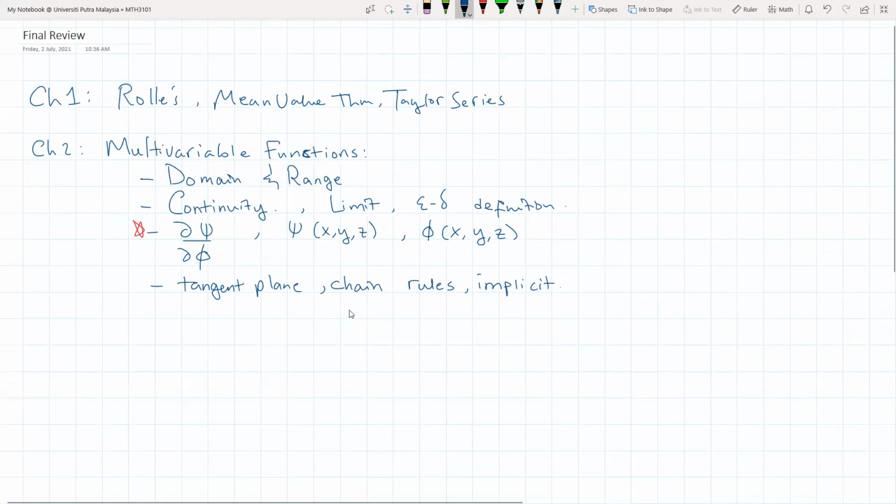So for example, you want to find dz over dx, okay, and then x depends on u and v, and then you also have z, which depends on x and y, and then y depends on u and v.